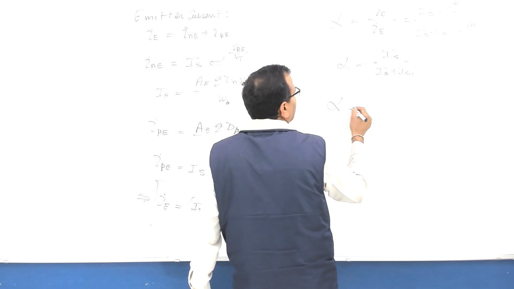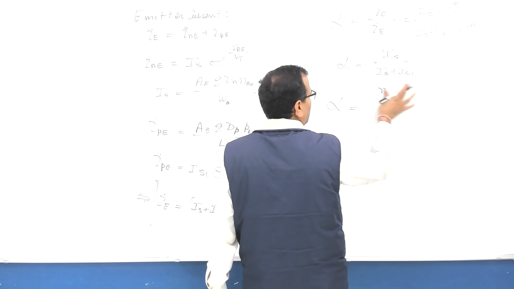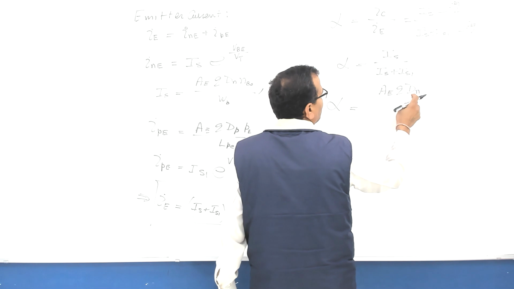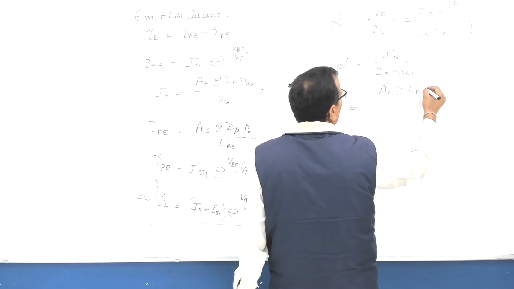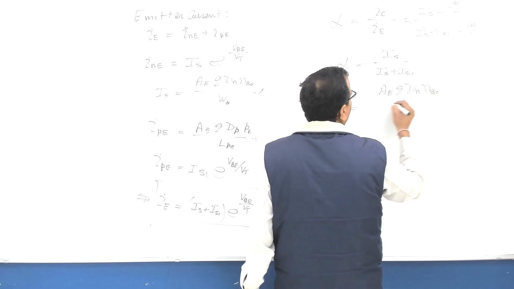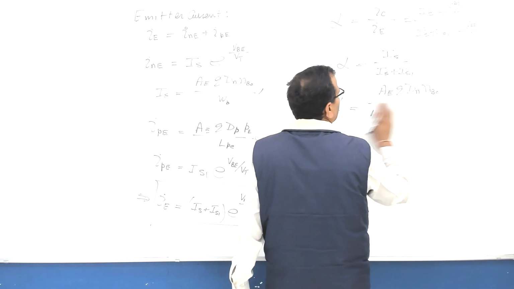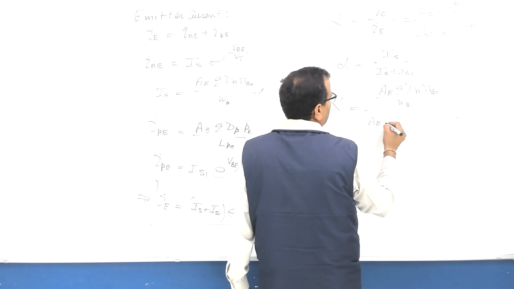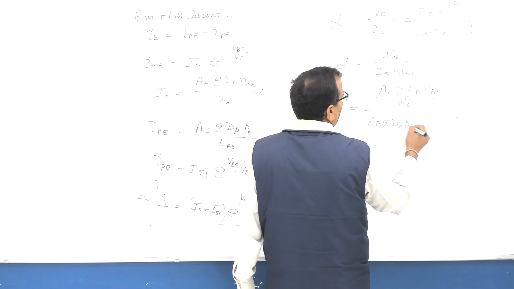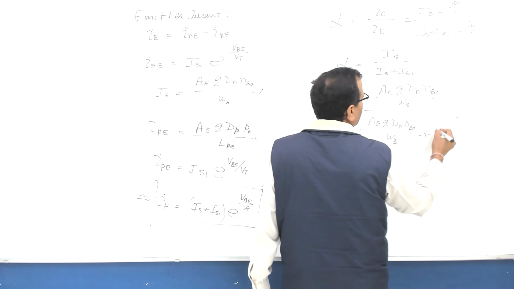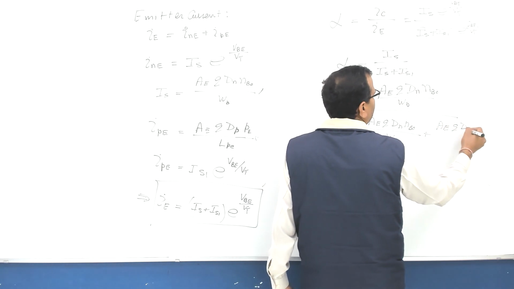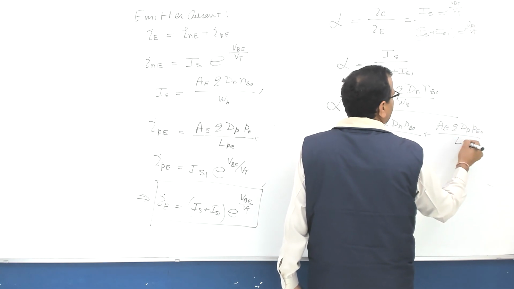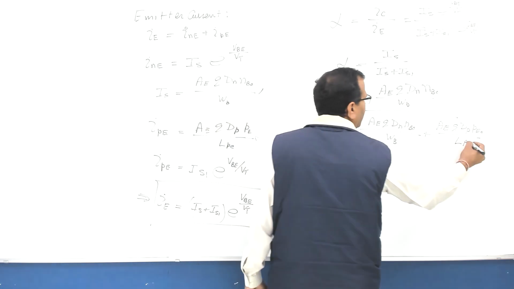And if you recall, what is Is? That is AE Q D, diffusion constant of electrons in base region, into NB naught divided by WB, whole divided by AE Q DN and B naught by WB plus AE Q DP PE naught by LP, that is diffusion length of holes in emitter region.